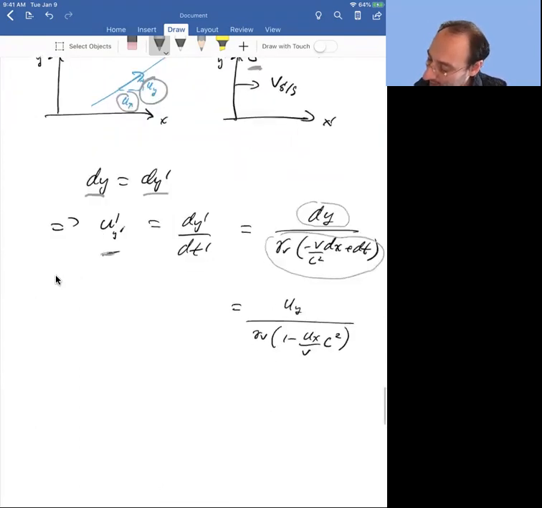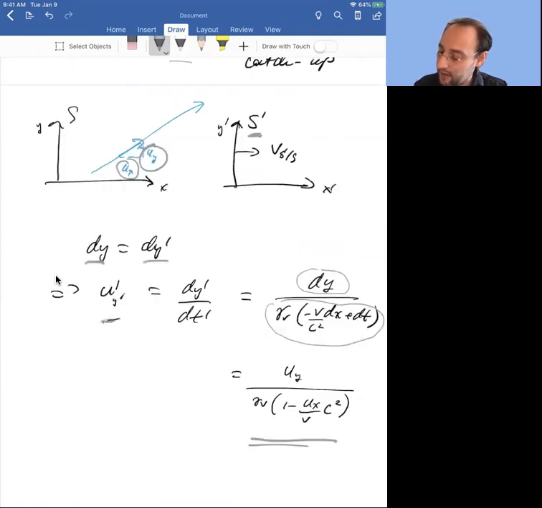And interestingly, you come to the conclusion that the vertical velocity is different in frame S prime because clocks tick at a different rate in frame S prime. Okay, so again, this notation reads the y prime component of velocity in frame S prime.